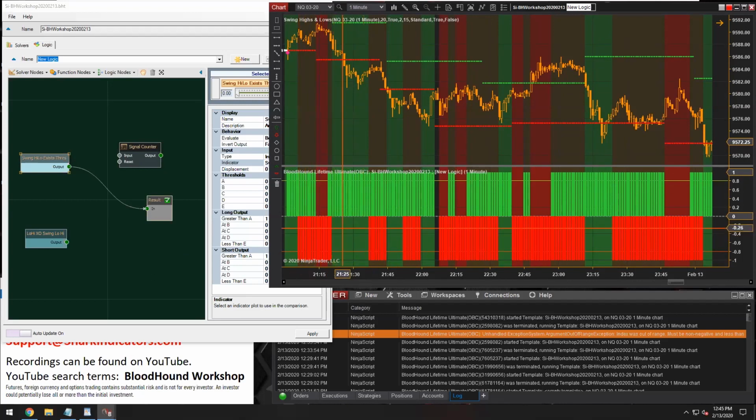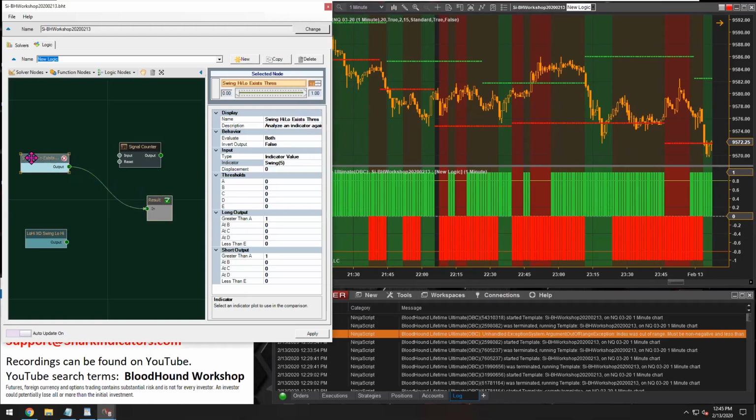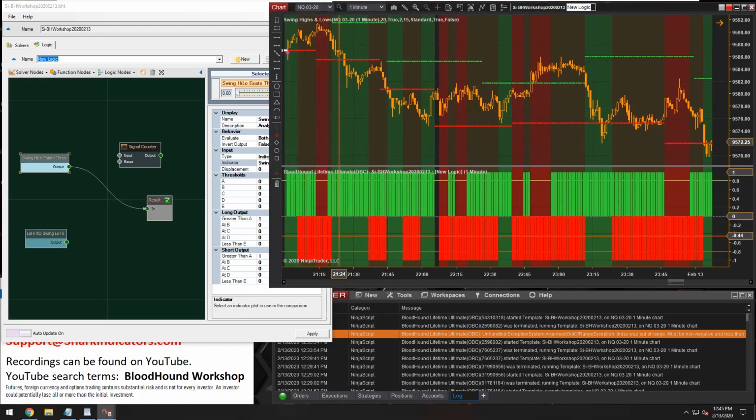That's because with NinjaTrader's swing indicator, sometimes the swing low doesn't exist. There is no swing low plot, and therefore there's no output.